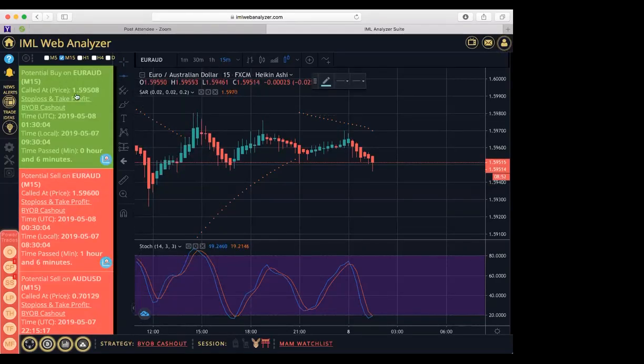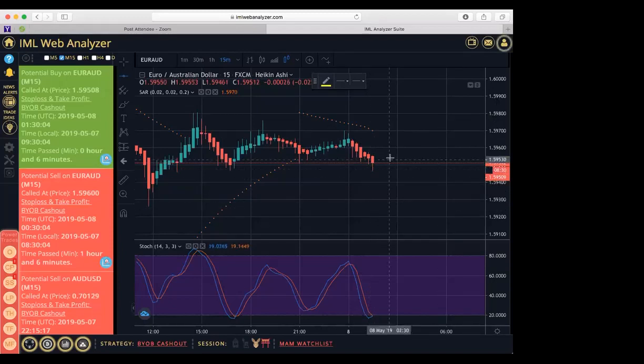I'm gonna draw a horizontal line because I want everybody to actually see what it is that you're looking for. So my call price is 1.59508. That's when this was called. So the call price is actually gonna be the pip. Like what she was just mentioning and asking about are the pips, which are on the side.